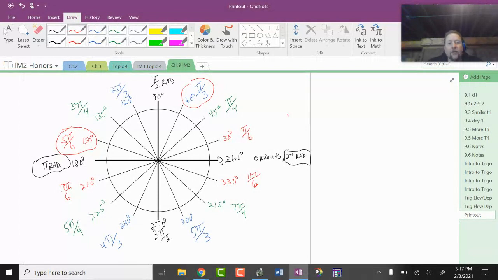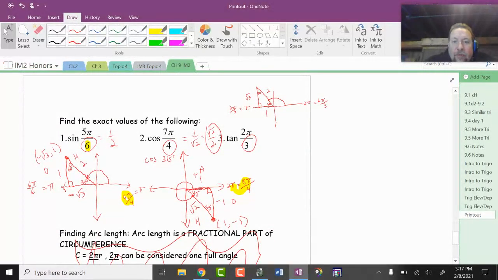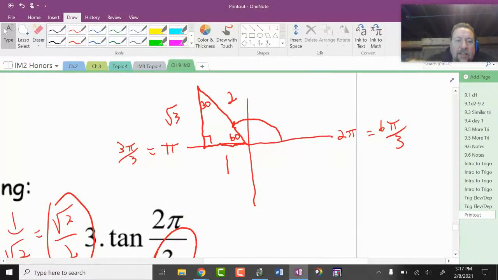You get 2 pi over 3. 240 converted gives you 4 pi over 3. 300, and all of these are 60 degrees away from the nearest x-axis, which is where your reference angle is always at. So the over 3s always end up being a 60, 30, 90, where 60 is the reference angle that's attached to the origin.